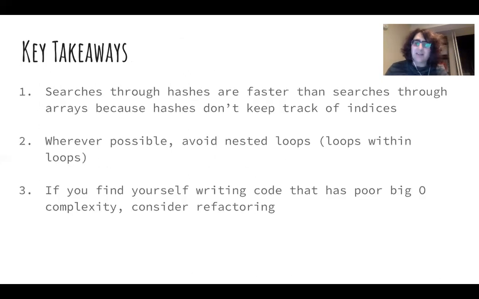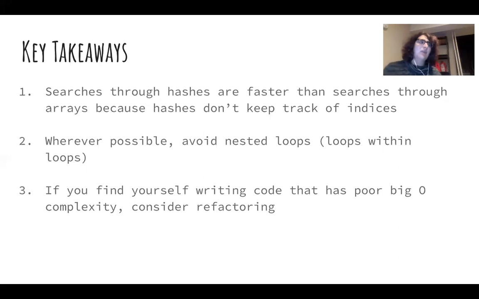So some key takeaways here. One, all of these examples we've been using are using arrays. And the reason we're doing that is things like dictionaries, hashes, objects, whatever you call them, are always faster than searches through arrays because hashes don't keep track of indices.